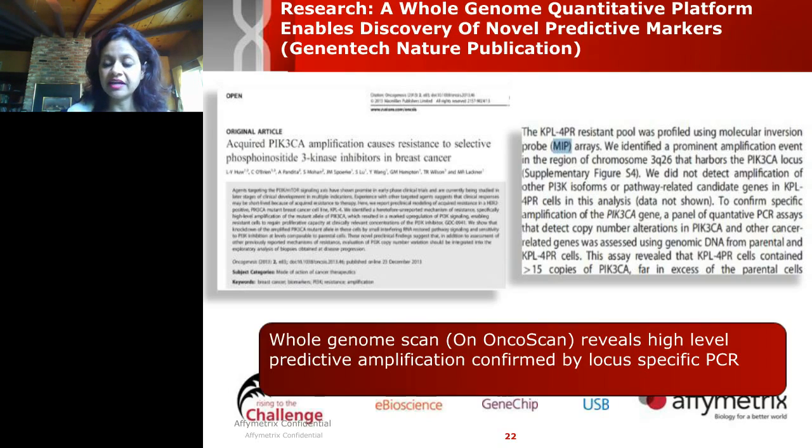And this was obviously a very important finding given the number of PI3 kinase and mTOR inhibitor trials that are going on now.